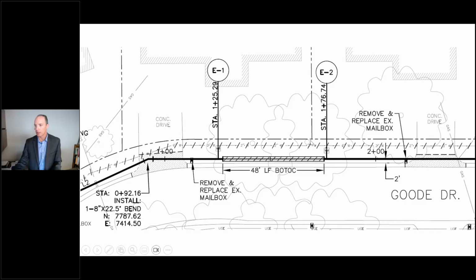You can see the two trees with their canopies shown there, and the 48 linear feet that we called out to be done. We didn't actually specify that horizontal directional drilling was the only trenchless option available. We called it out as by other than open cut, BOTOC. And in the bid form, we gave them 3 options: horizontal directional drilling, traditional auger boring, or impact moling.